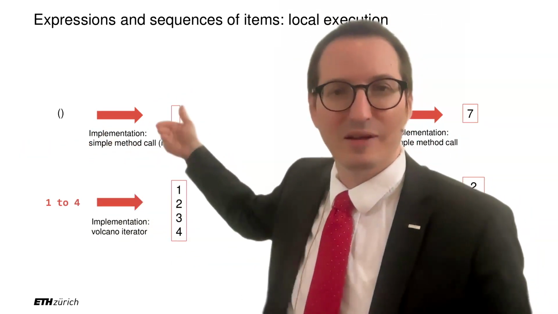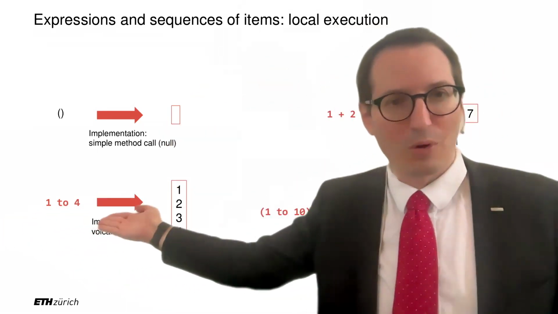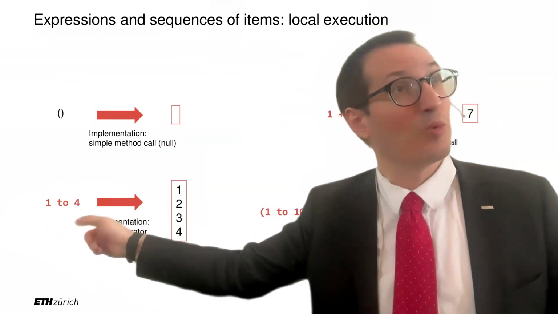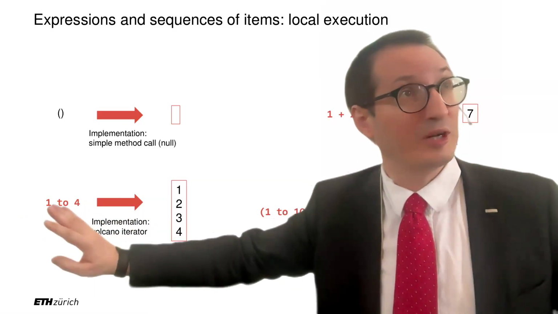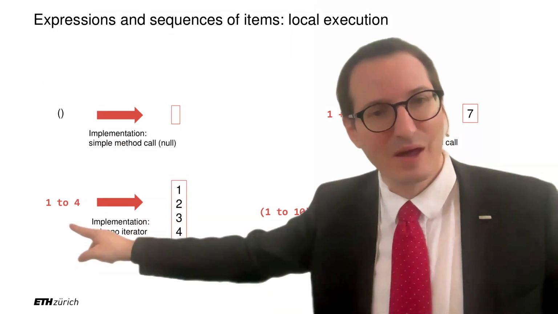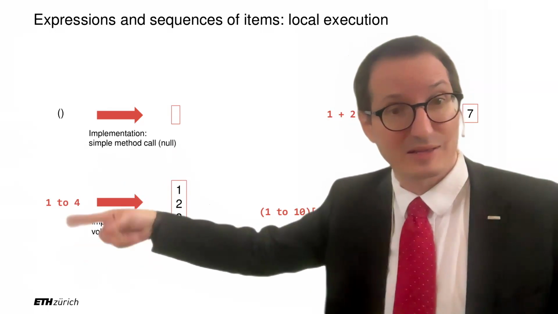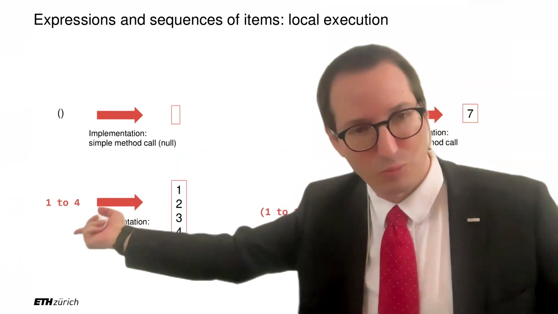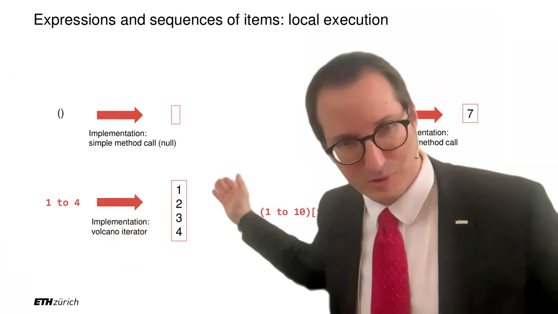It returns internally null, and that's the empty sequence. 1 to 4, that's an iteration, but it's a small one. It detects that here there's not so many items. A data center would be overkill for that, right? You don't need a cluster with a huge number of machines. You just use an iterator, a Volcano iterator. Next has next, next has next. So it's going to call has next, next 1, has next, next 2, has next, next 3, has next, next 4, has next, false, we stop.